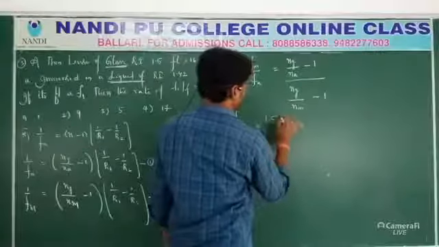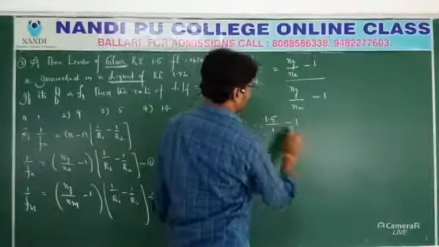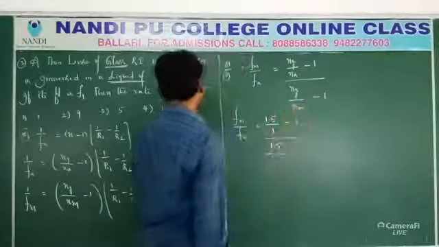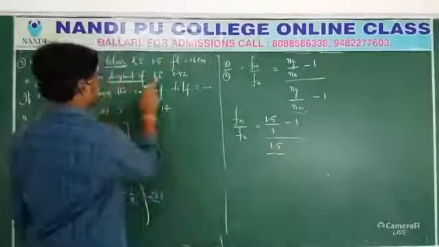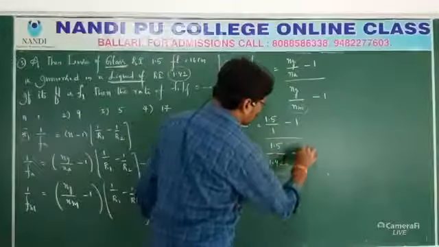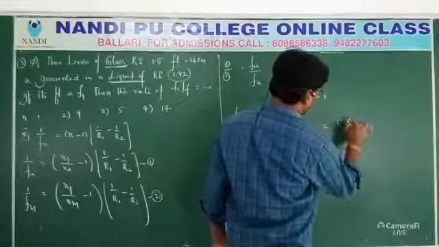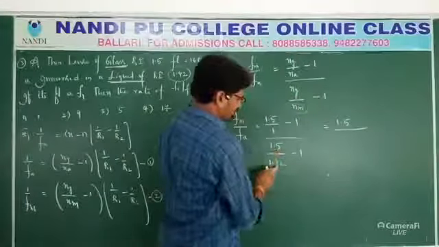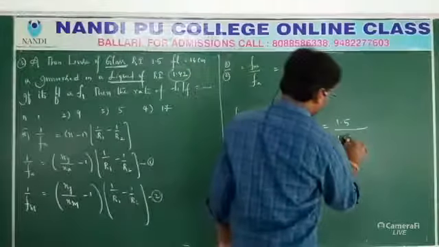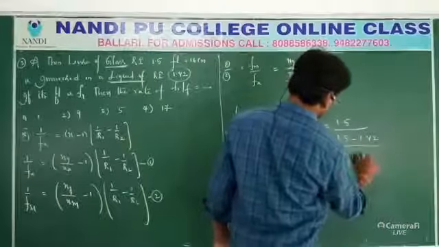1.5 by refractive index of air, which is 1, minus 1, by Ng 1.5 by, it is given liquid, refractive index of liquid 1.42 minus 1. So on simplification it is 1.5 by 1.42 minus 1.5 minus 1.42 by 1.42.